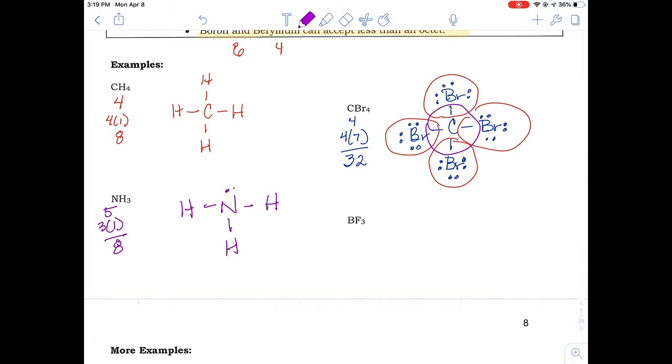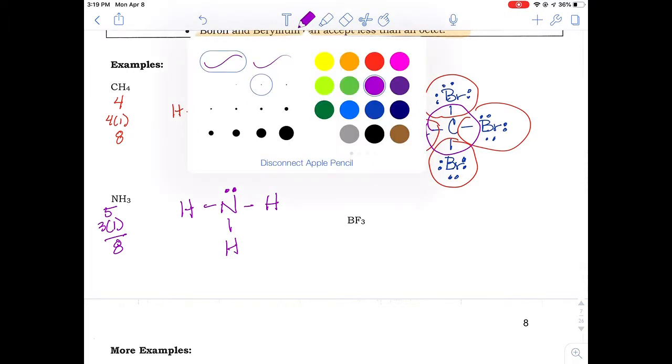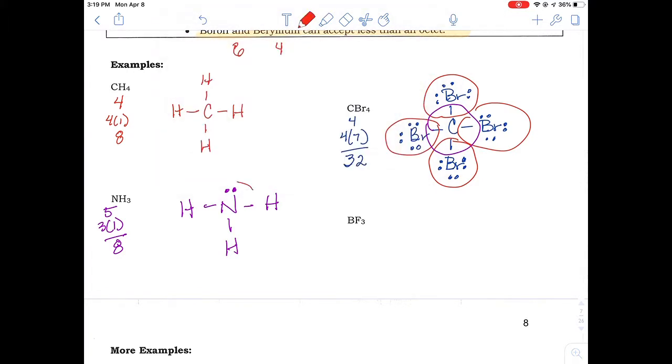We have space on the nitrogen, so the extra 2 go in the middle. If you want to count, nitrogen has 2, 4, 6, 8, and each hydrogen has 2. This guy here is called a lone pair. He doesn't have anybody to bond with.